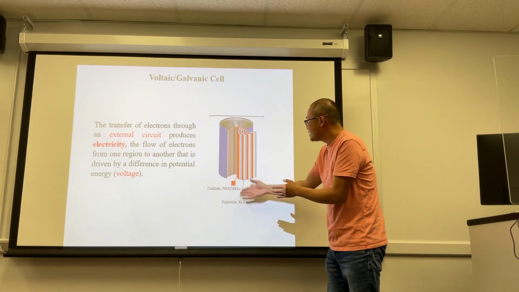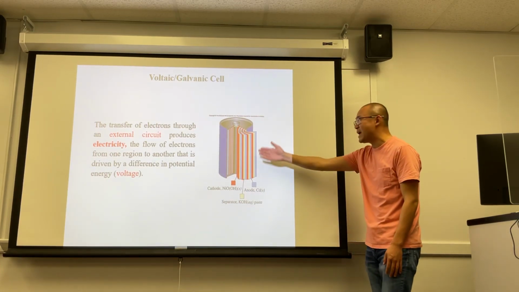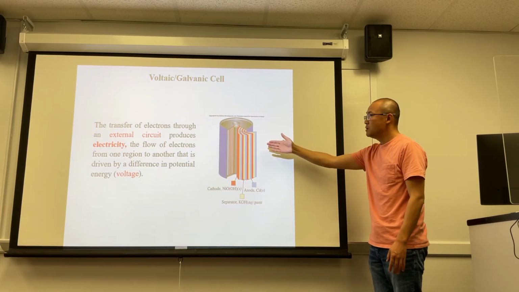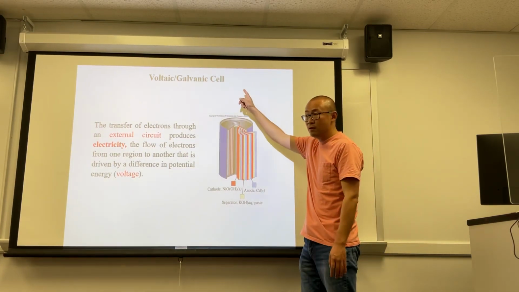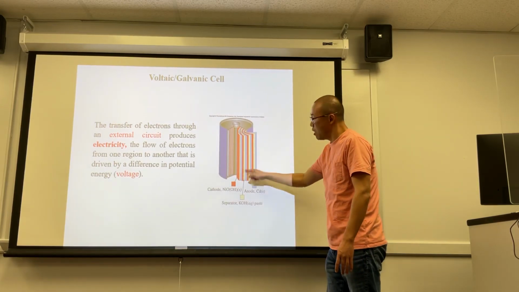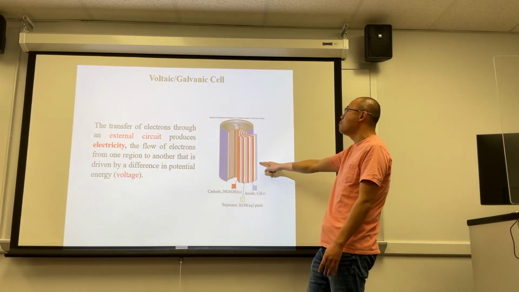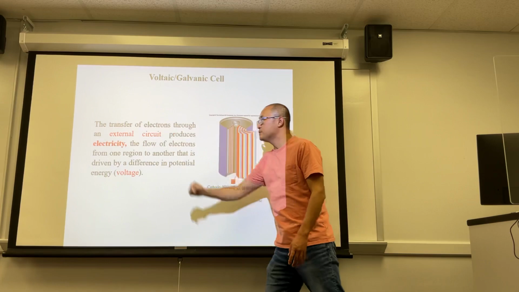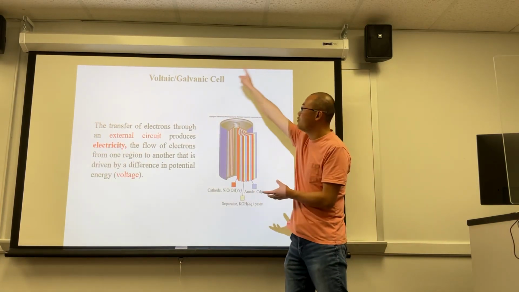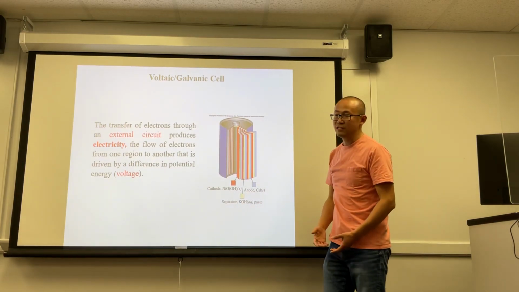But because they're separated by the separator, potassium hydroxide paste, the electrons have to go from one side of the battery to the other side. So the electrons will move across the whole external circuit, and that movement of electrons through the outside will create electricity for us to use.